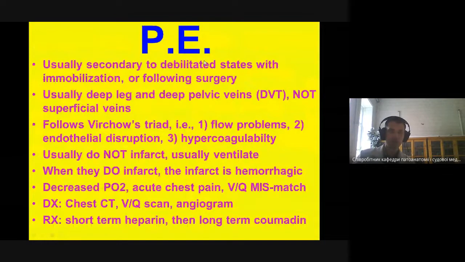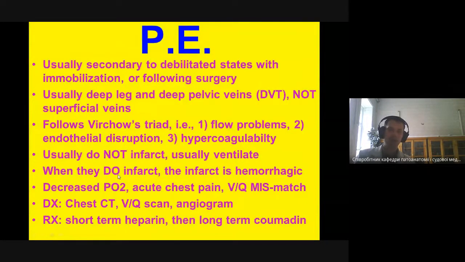Pulmonary embolism, pulmonary hypertension, hemorrhagic syndromes. Pulmonary emboli are usually secondary to debilitated states with embolization or following surgery, usually from deep leg and deep pelvic veins, not superficial veins, following Virchow's triad: flow problems, endothelial disruption, hypercoagulability. They usually do not infarct, as they usually ventilate.